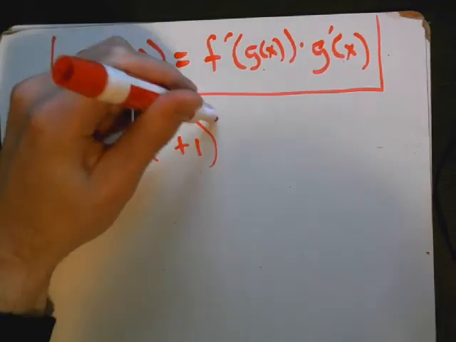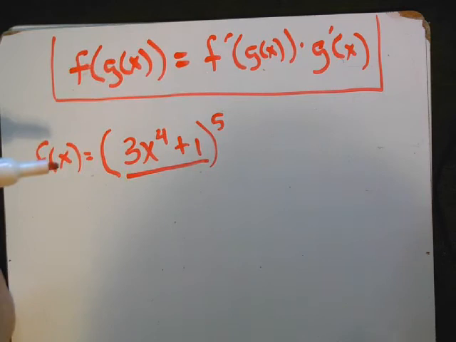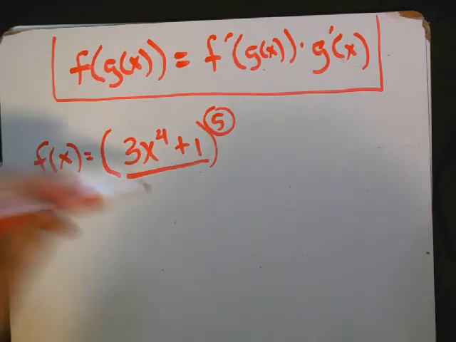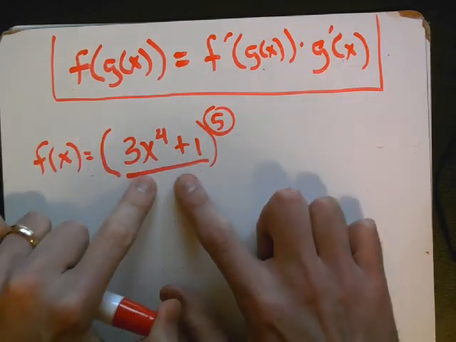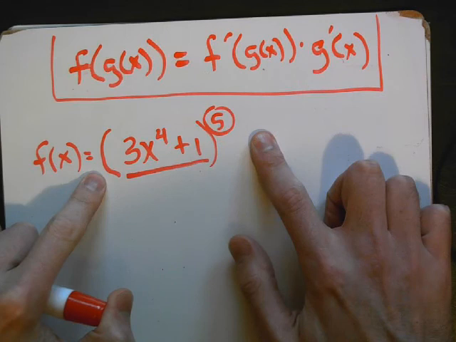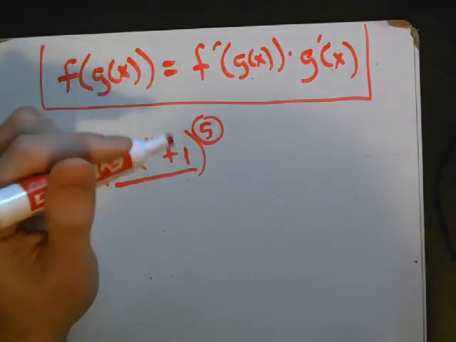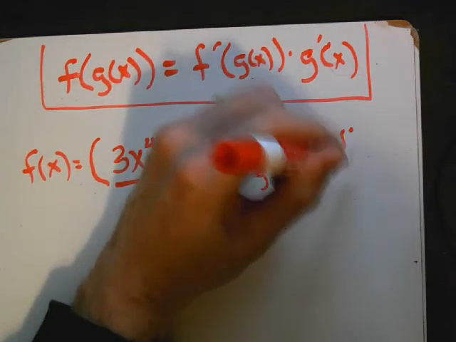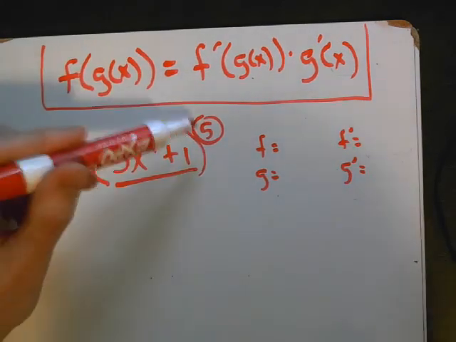For example, we won't use this one for this example, but if I had something like, I'm just picking something, 3x to the 4th plus 1 all raised to the 5th, and let's say we wanted to take the derivative of this, we can't just take the derivative of that inside because we'd be completely ignoring this out here. So there's a strategy that we used to deal with this. Again, if you have a function inside of an outside function, okay? And way back when we first started this, we would off to the side have our f, our g, our f prime, our g prime, and we'd write all this out.